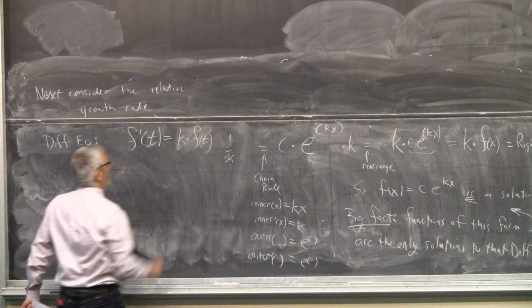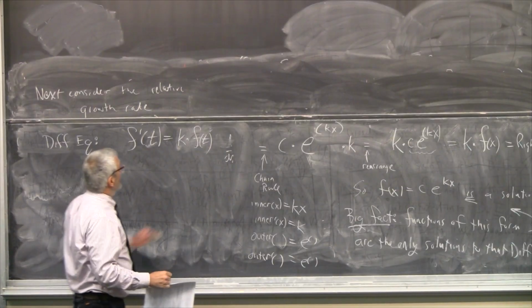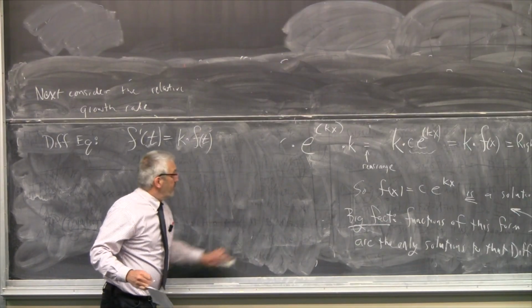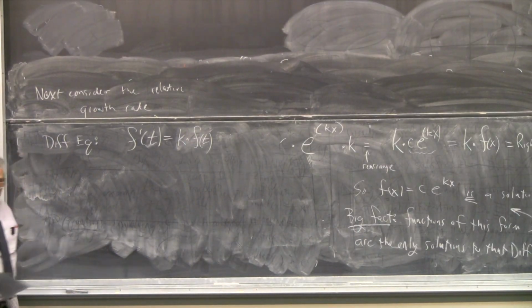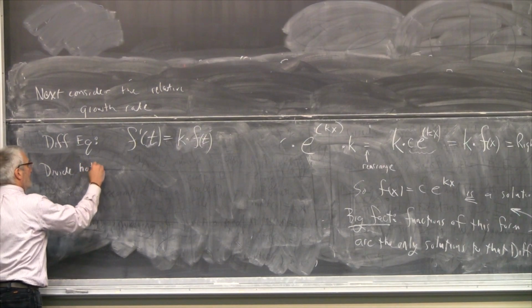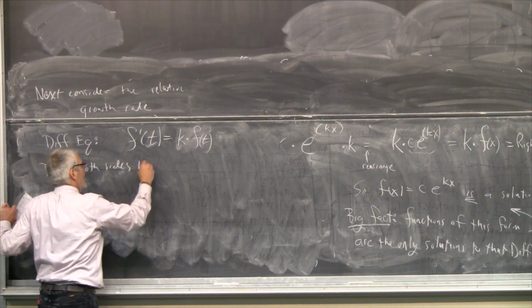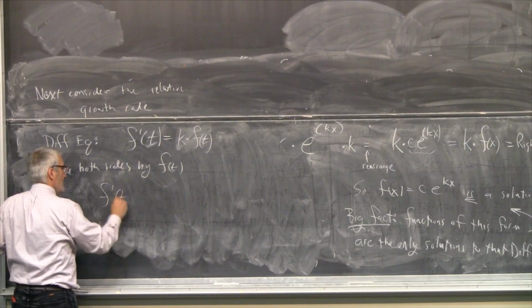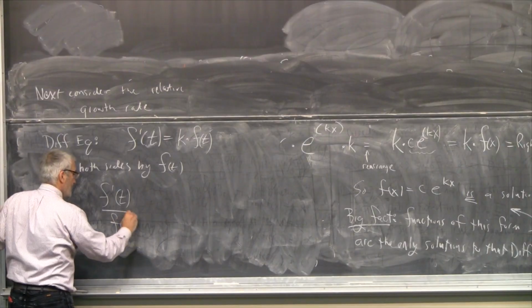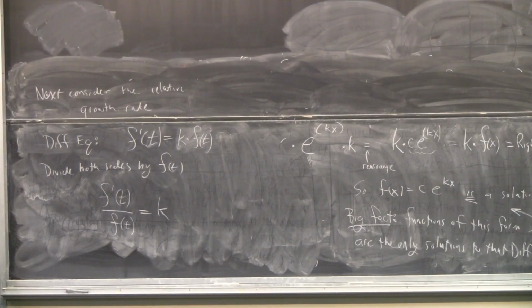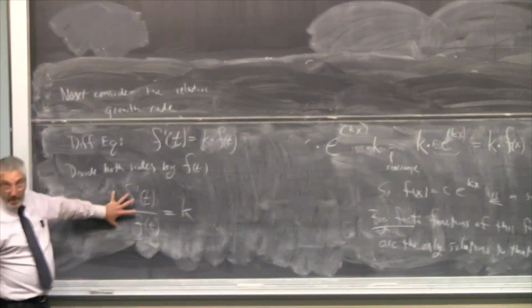That's our differential equation. The rate of change of f is proportional to f. Let's divide both sides by f. And I get this, f prime of t over f of t is just this constant k. So this expression is called the relative growth rate.